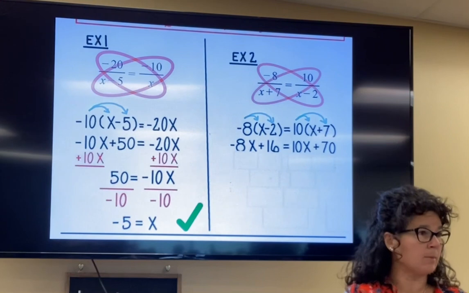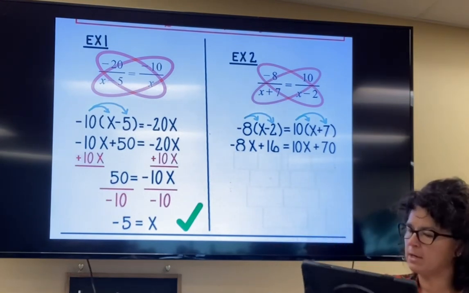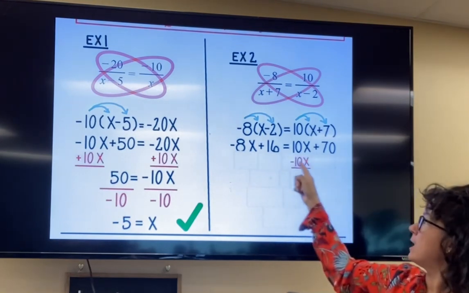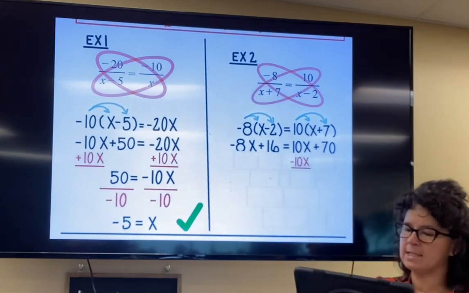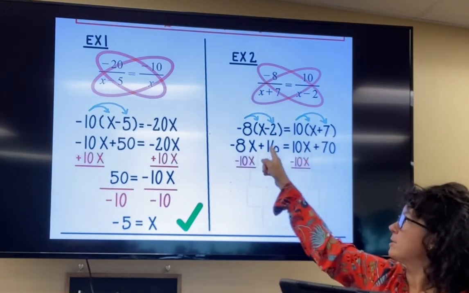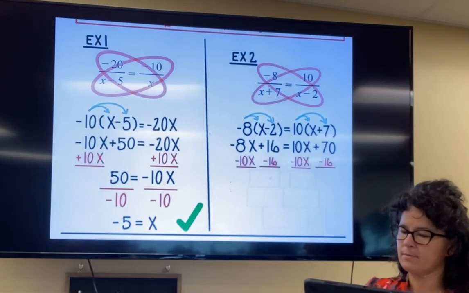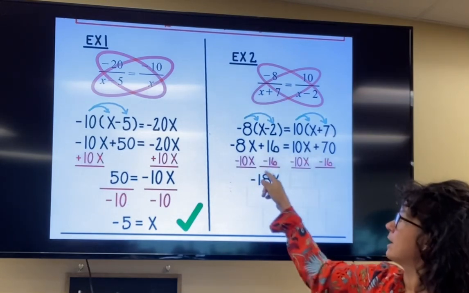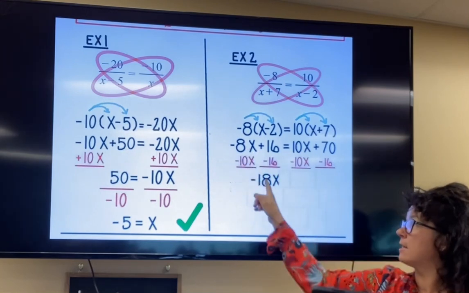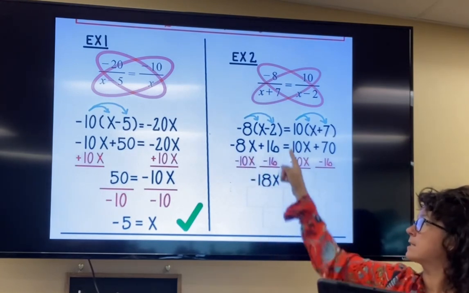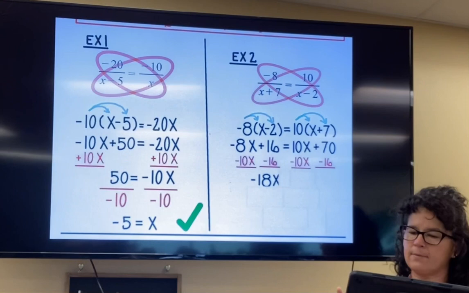Letters on one side, numbers on the other. So I'm going to move the x's to the left by subtracting 10x. I'm going to move the 16 to the right by subtracting 16. And so left here on the left-hand side, negative 8x's and negative 10x's is negative 18x. Bring down my equal sign.